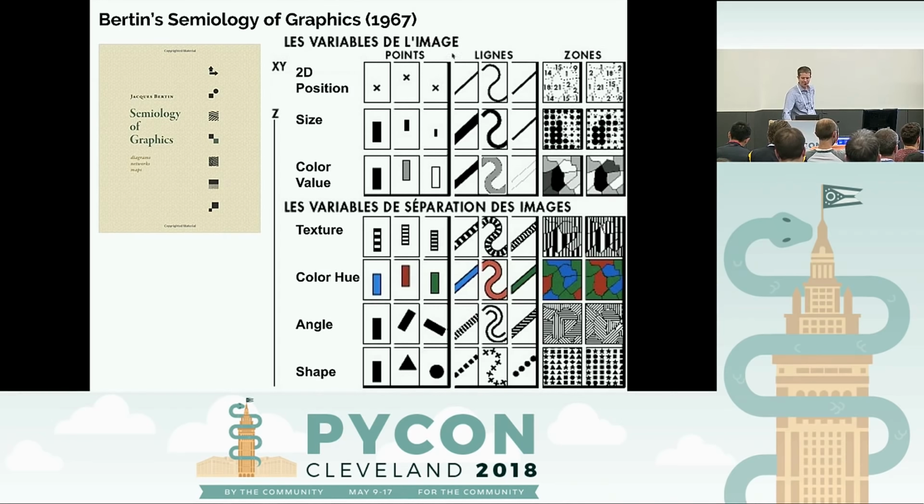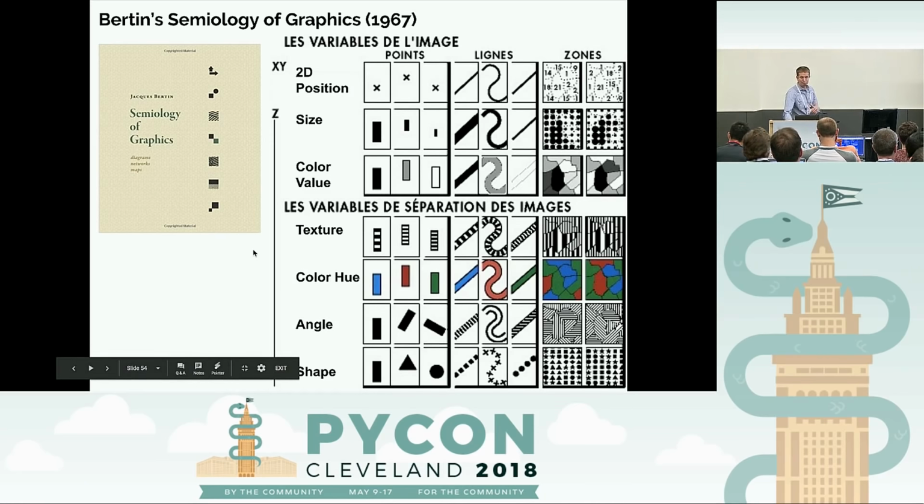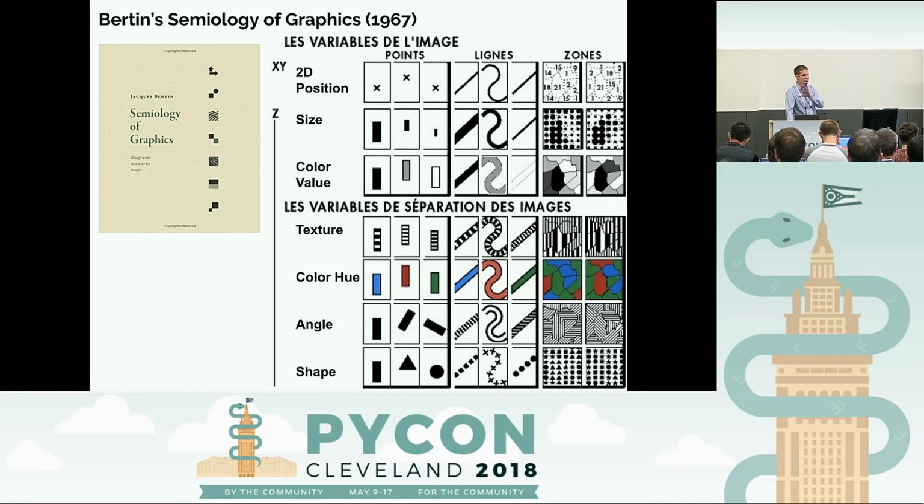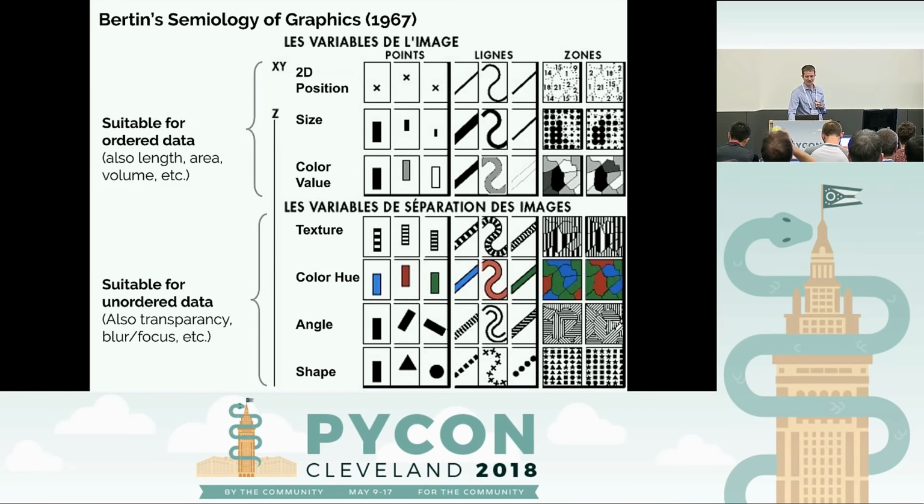You can start thinking about position and size and the opacity or the value of the color. You can start thinking about things like texture or the hue of the color or the angle of the mark or the shape of the mark. And over the past 50 years, people have done a lot of work into figuring out how to best use these potential encodings to best represent data on the screen.